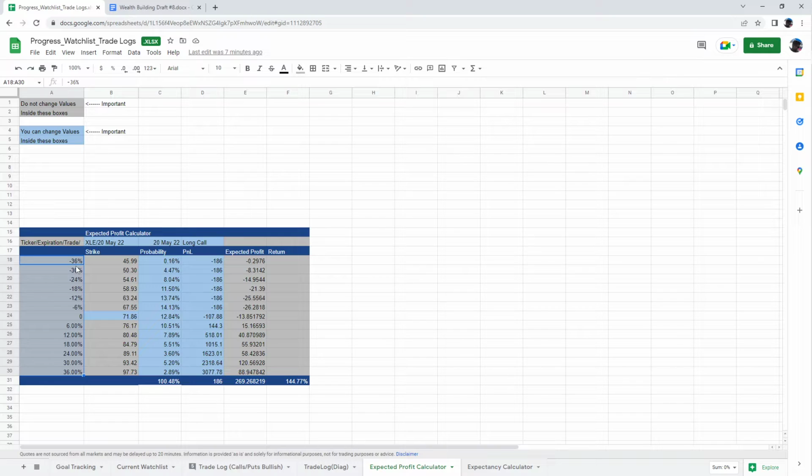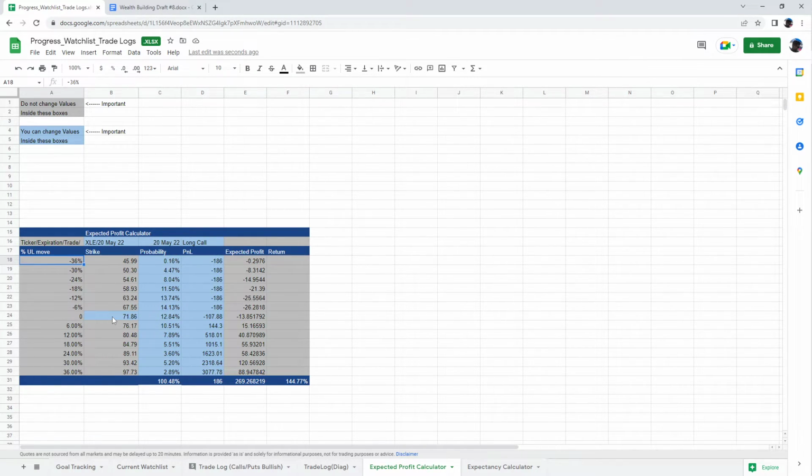Oh, sorry. Did I share my screen? Let me exit out of that. So on this is the percent underlying move. I use these arbitrary numbers just to get it built out. But if the underlying were to move 36% to the downside or 36% to the upside, I used the percent of the underlying instead of percentage of profit.